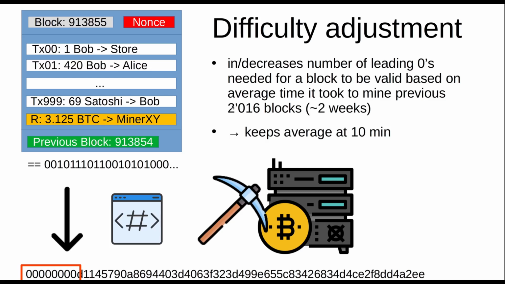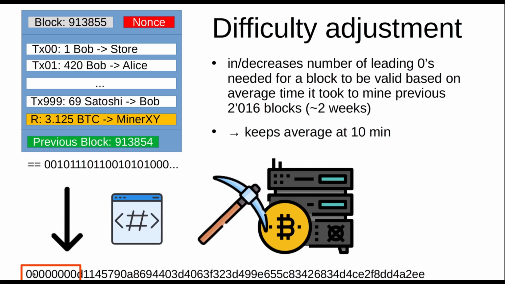And if the average time that it took to mine these 2016 blocks is below 2 weeks, or below 10 minutes on average, then they will simply reject all the blocks that have only the current number of leading zeros. So they will demand that a new block has more leading zeros.